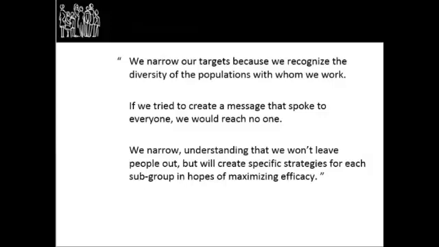She says, we narrow our targets because we recognize the diversity of the populations with whom we work. If we tried to create a message that spoke to everyone, we would reach no one. We narrow, understanding that we won't leave people out, but we'll create specific strategies for each subgroup in hopes of maximizing efficacy.